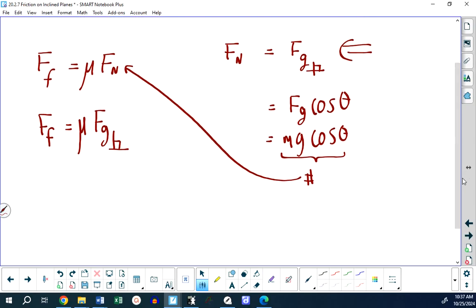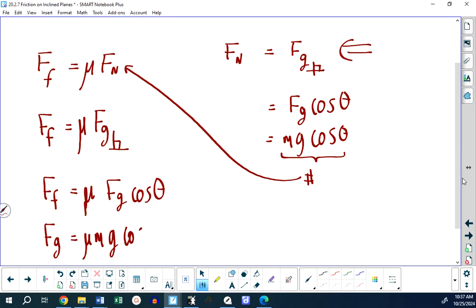And then this becomes Ff equals mu times mg, which is the force of gravity. I'll do it in steps. Fg cos theta. And then Fg is found by taking m times g. Mu mg cos theta.